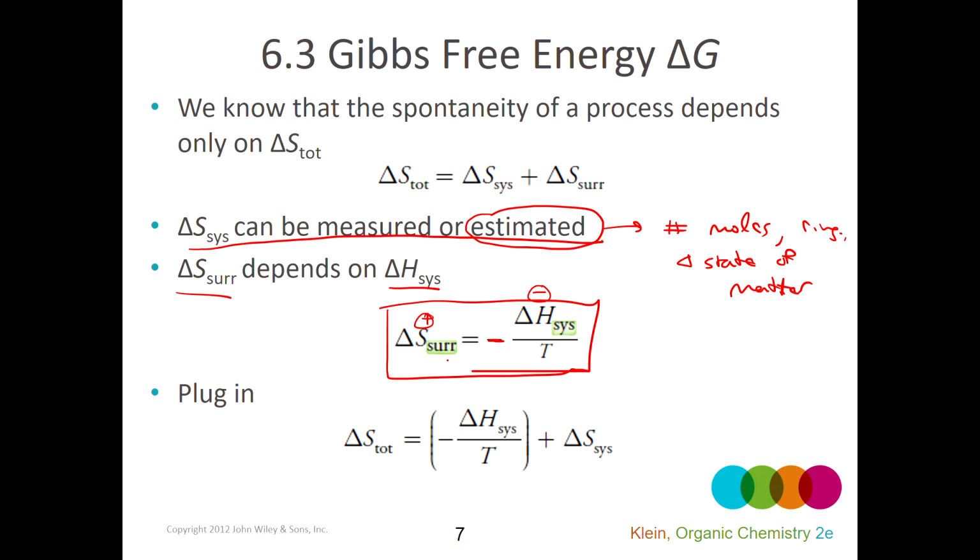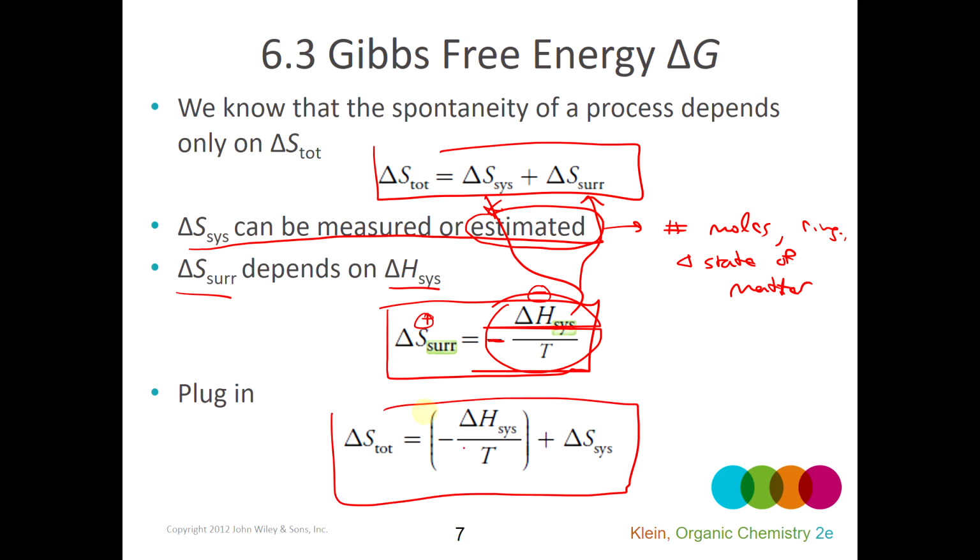So what I can do with this mathematically is to take this formula, since I know that entropy change in the surroundings equals negative delta H over temperature, I can substitute this in for the surroundings, and then I get this formula, right? So we're just changing delta S surroundings and plugging in negative delta H system over temperature for delta S surroundings, since those two are equal.